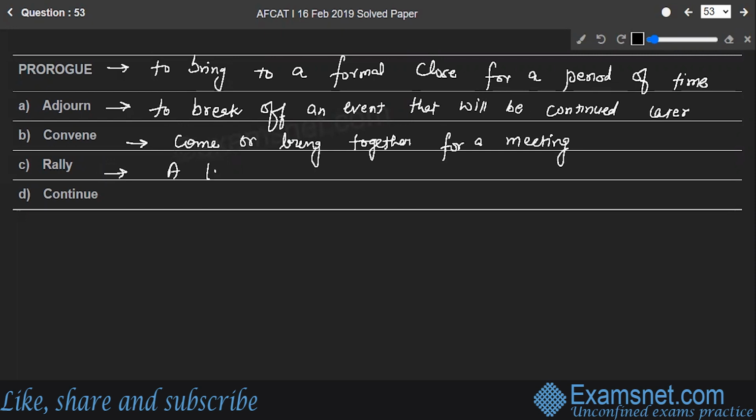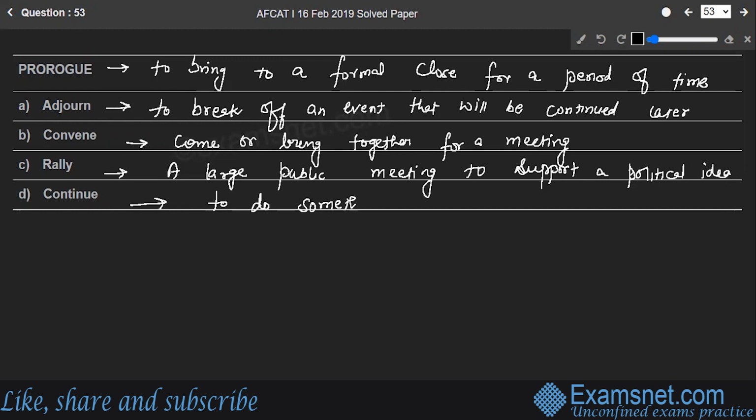Rally means a large public meeting to support a political idea. To continue is to do something without stopping.